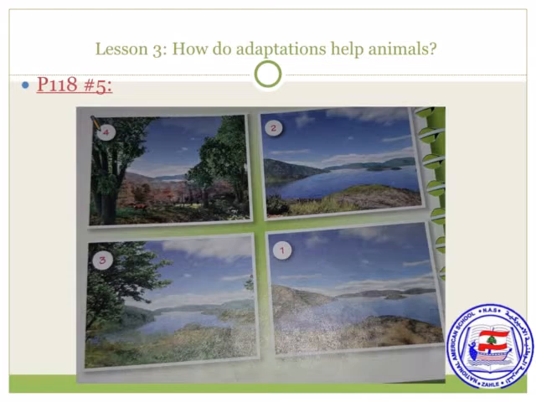Now please open your books to page 118, number 5. The question is to number the pictures in front of you based on how you think succession happened. We previously said that succession is the predictable change in the organisms that live in an environment.